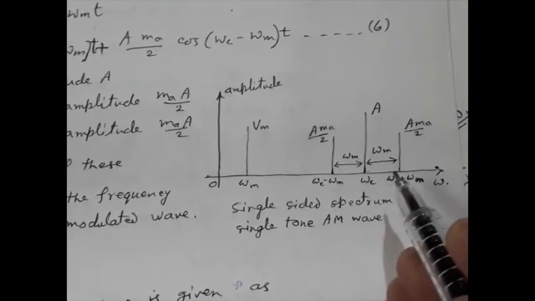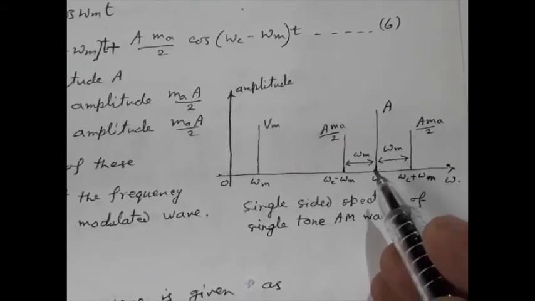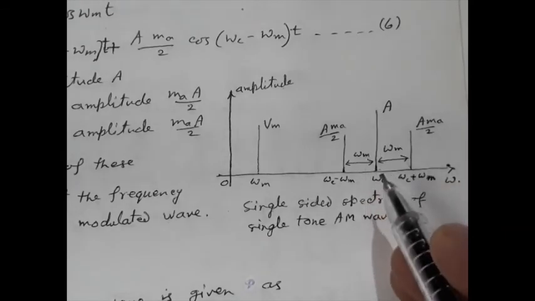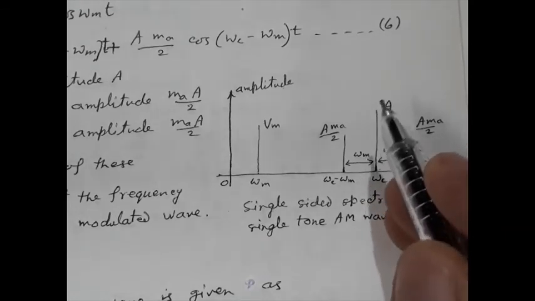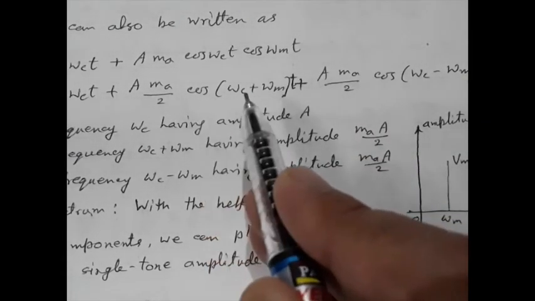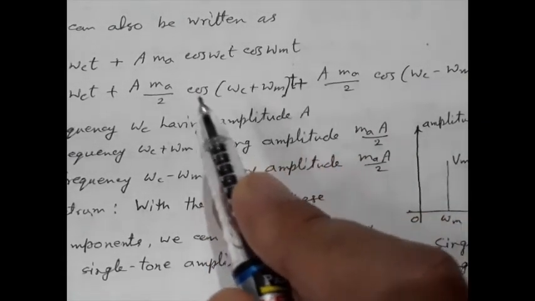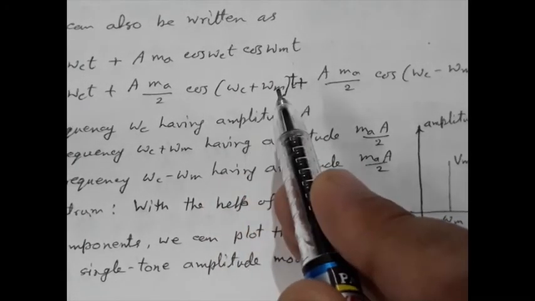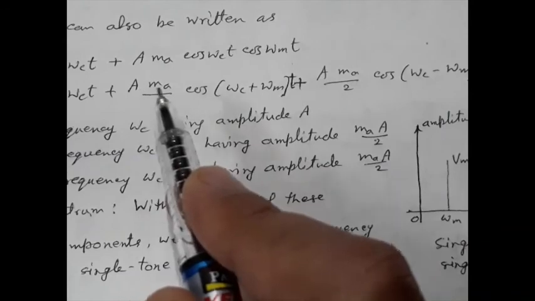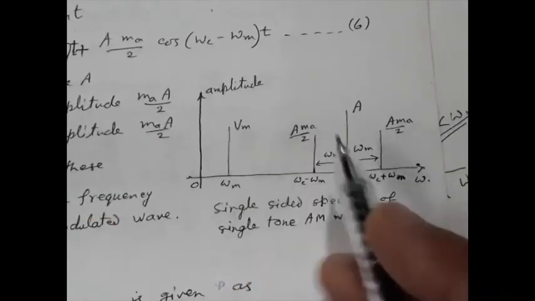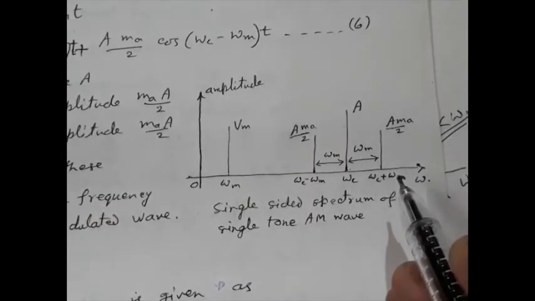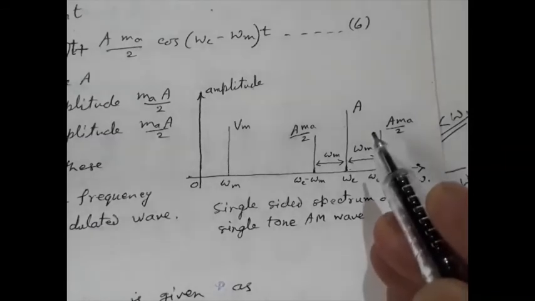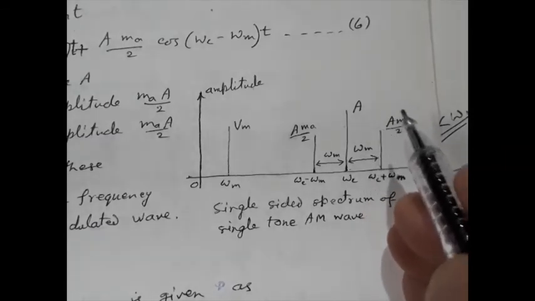So at omega c we have a spike because of this cosine function with amplitude of A. Next we have cos (omega c plus omega m)t. It is a cosine function, so we will have a spike at frequency omega c plus omega m with amplitude of A ma by 2.